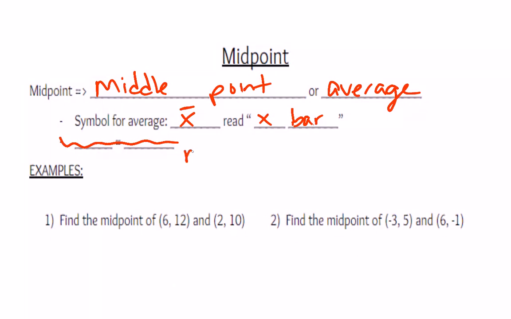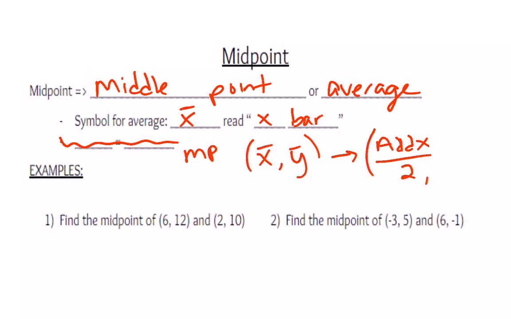So my midpoint, I'm just going to abbreviate as MP, is x bar, comma, y bar. Since it's a point, it has to be the x's, comma, the y's. Or you can think of it for the midpoint as you're going to add the x's and divide by 2, add the y's and divide by 2.